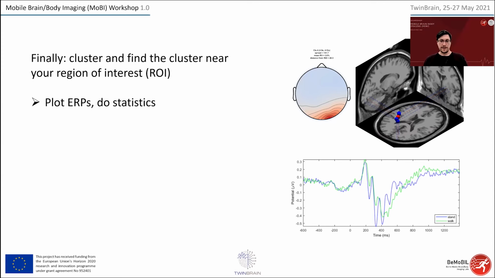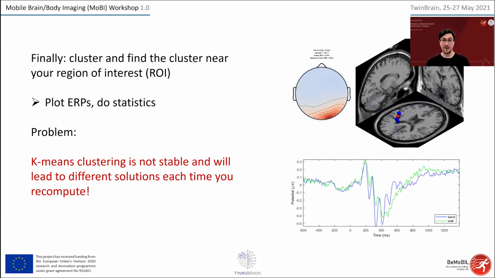Okay, nice. Cool. So what's the issue here? We do have a problem, and that is that this k-means clustering is not stable. This entire approach that I've been talking about is a classical approach that is being done when you're doing source analysis in EEG. But when you rerun the k-means clustering, you might get a totally different result.